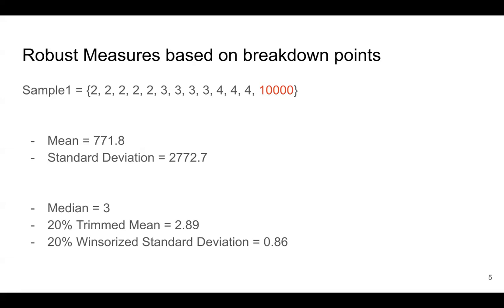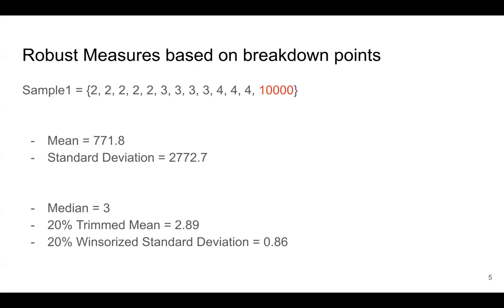But let's talk about those robust measures: median, trimmed mean, and Windsor standard deviation. The median is still 3. We already know that the median has a breakdown point of 0.5, which means just altering one value is not going to affect the median. And the 20% trimmed mean looks even more reliable.